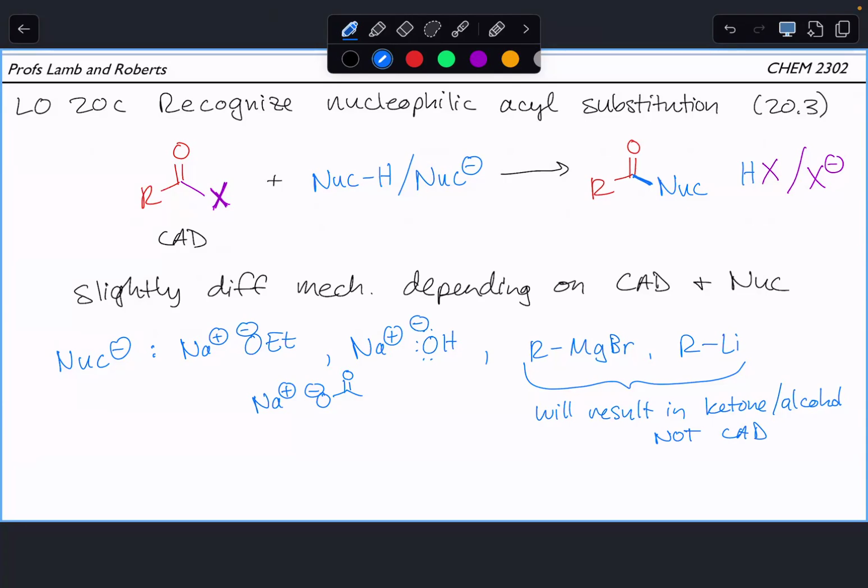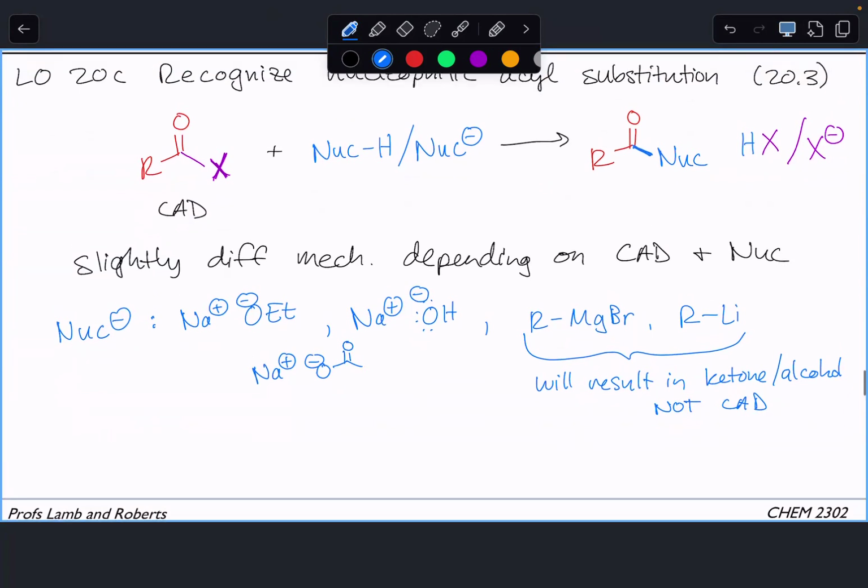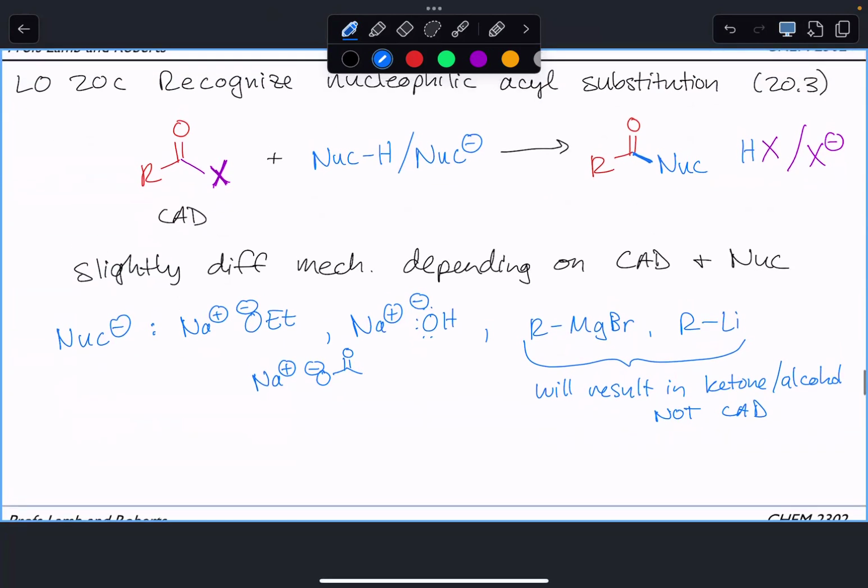We'll go a bit more into that, but I just wanted to put that on your radar: nucleophilic acyl substitutions are defined by their starting materials, not their products, because you can get a bunch of different products depending on what your nucleophile is.